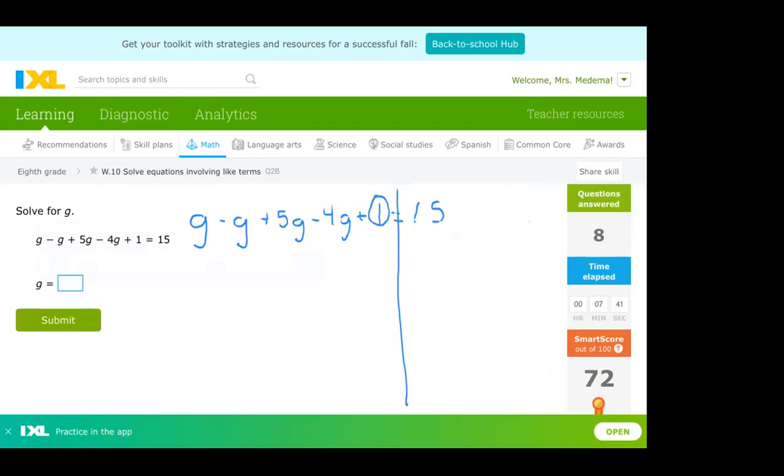So opposite would be to subtract it, and I get 14. Now I can go back and this is now gone. Now I can go back and work on my g's. So g minus g is canceling. Well, 1 minus 1 is nothing, right? So I have nothing. Then 5g minus 4g is 1g. And that's all that's left. 1g equals 14.